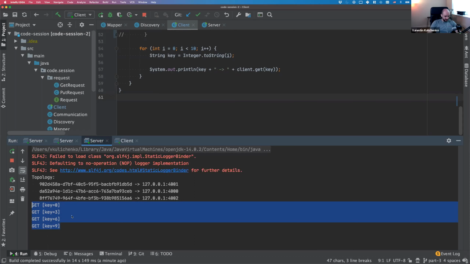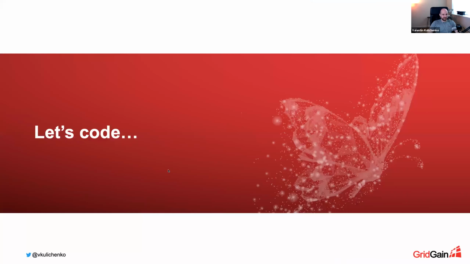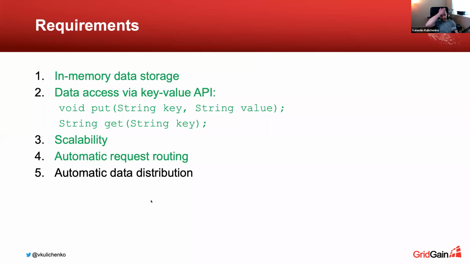So requests that are coming in here provide null values, which is incorrect, which is inconsistent data. Which essentially brings us to our final requirement, which is automatic data distribution.